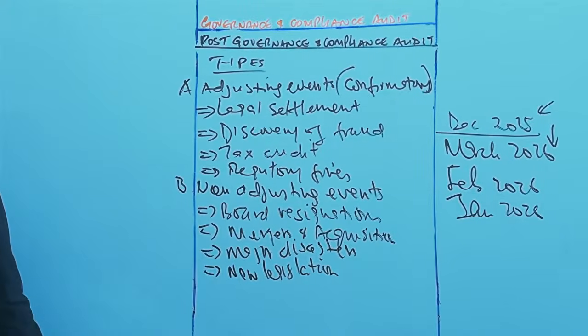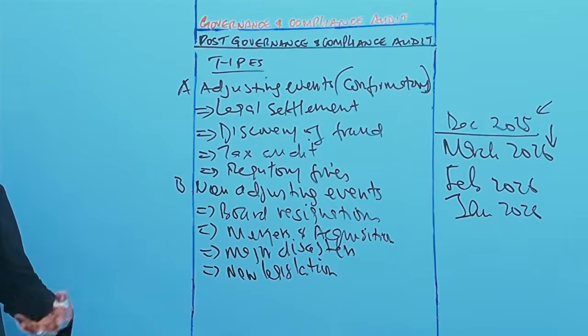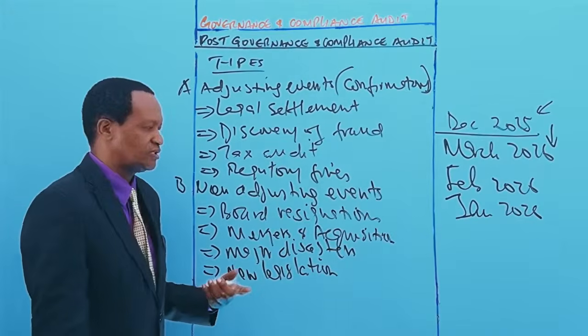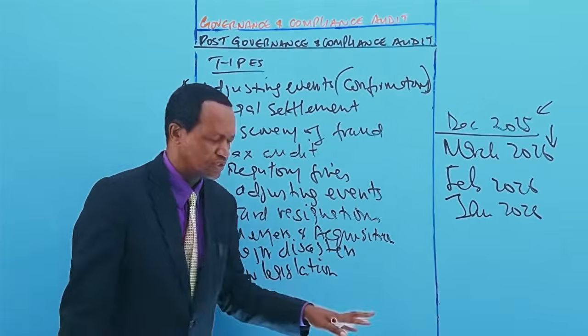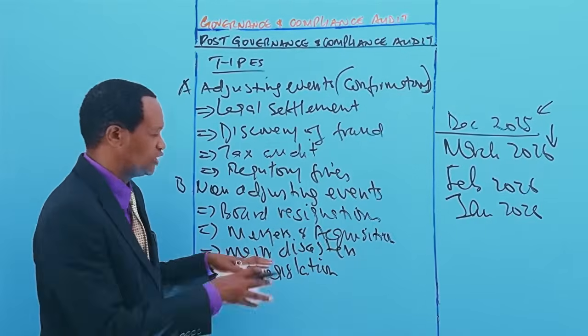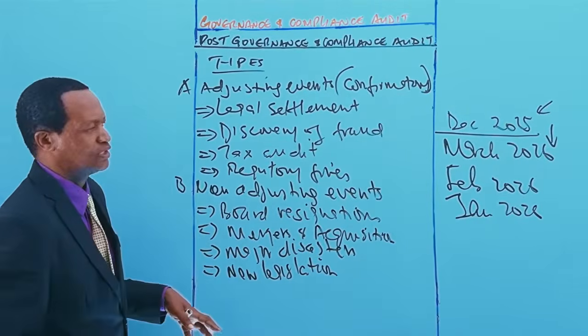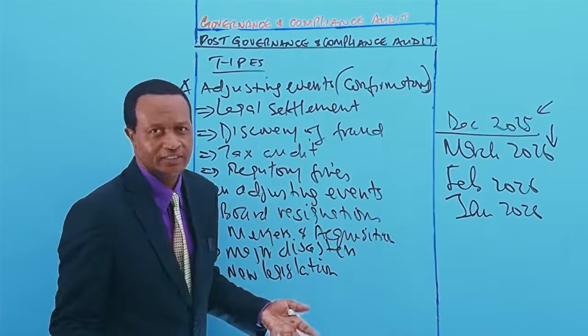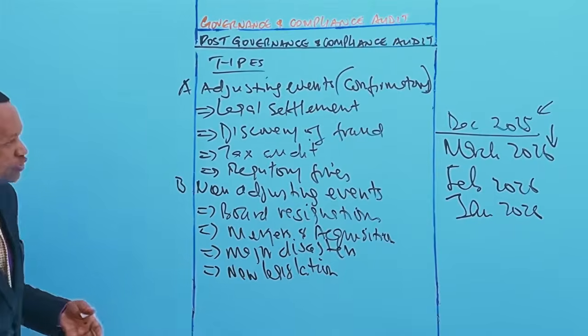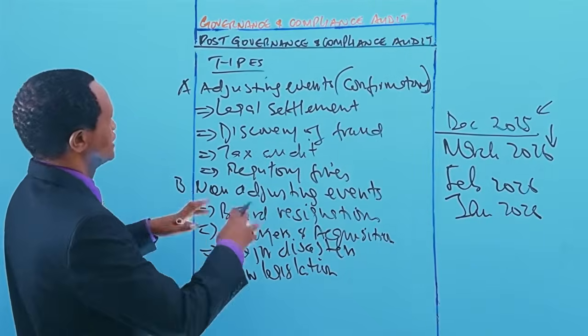A new legislation that makes previous best practices now mandatory requirements. These are new provisions that did not exist in 2025, but because of the new law, what was regarded as best practice now becomes mandatory requirement. So that's it, candidates, for the types.